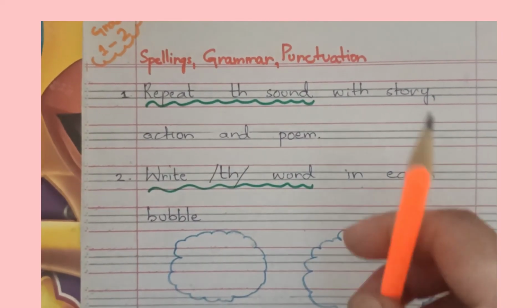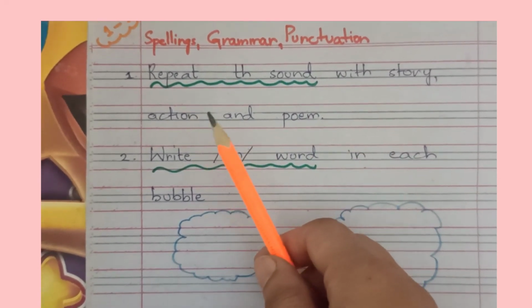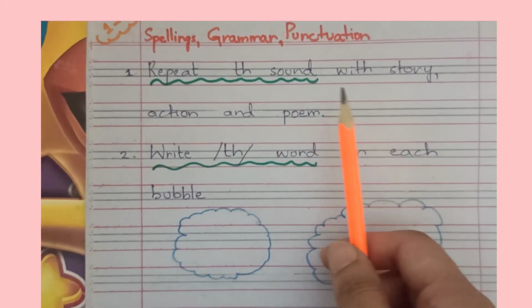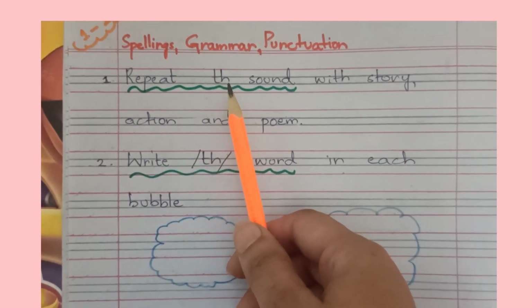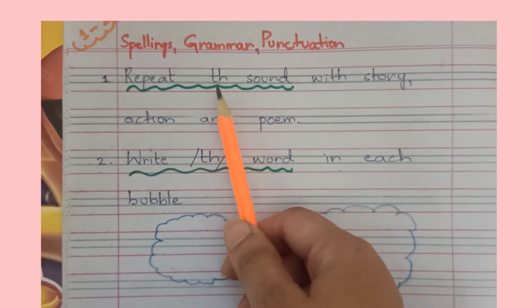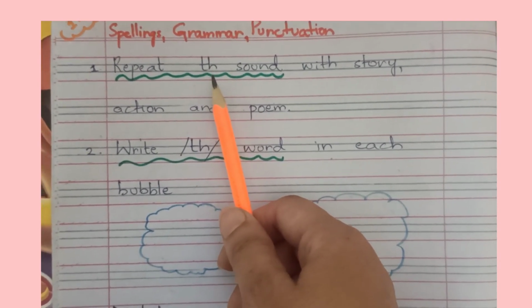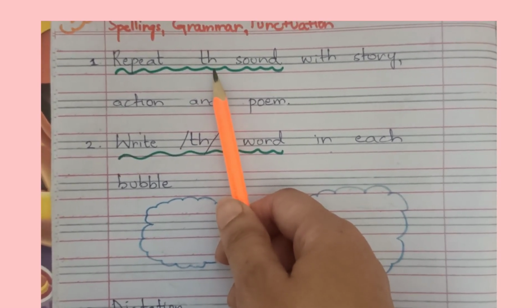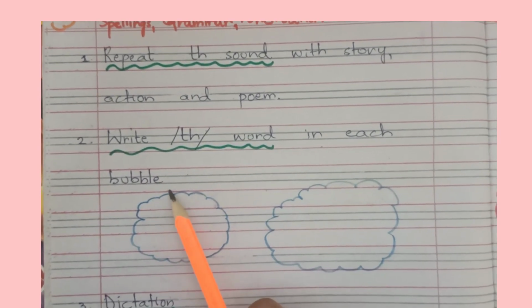Here is lesson 4 for spellings, grammar and punctuation. Repeat the z sound with story, action and poem. Basically its pronunciation is s and z, but we are not native speakers, so we can say the th sounds. Write the word in each bubble.